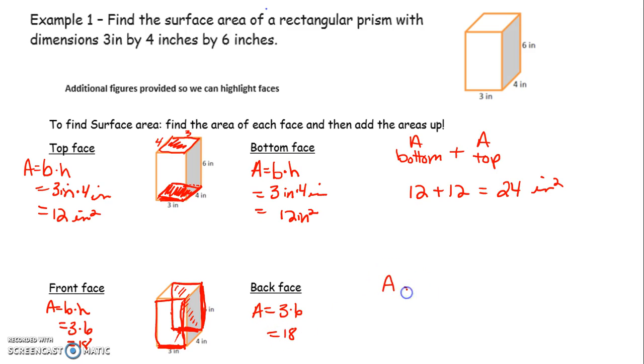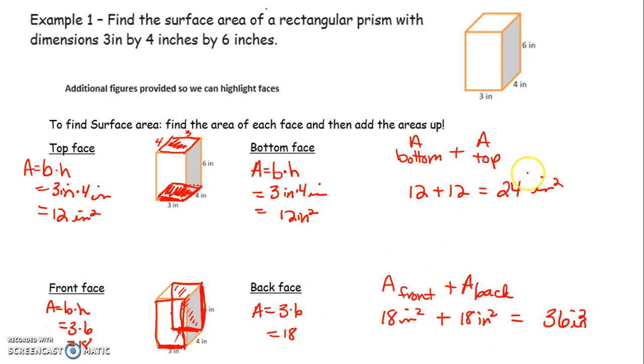So the area of the front plus the area of the back face would be 18 square inches plus 18 square inches, or 18 times 2, 36 square inches.